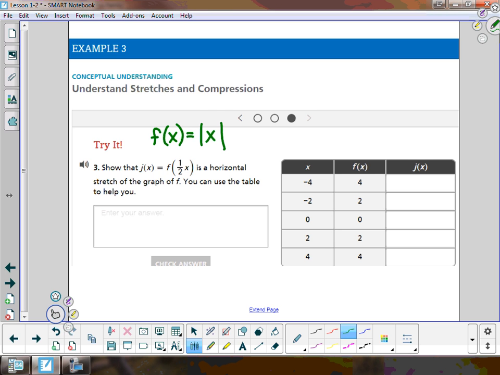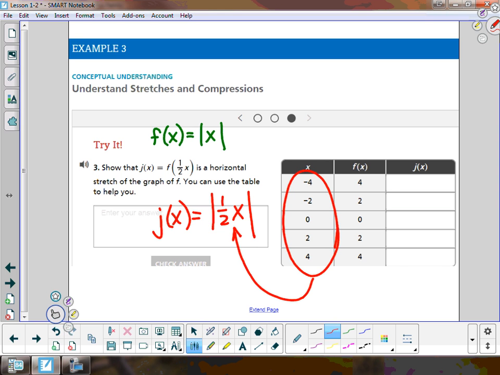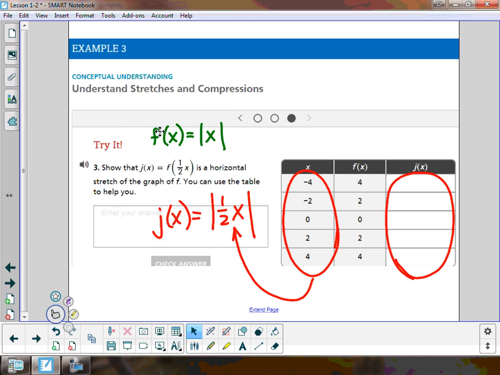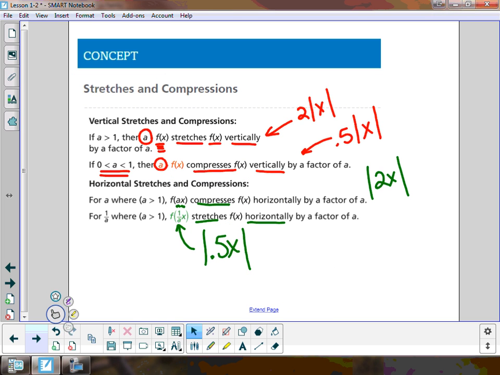They want to know what happens with j of x when you put a 1/2 in there. All right, so show me on a table of values what happens when you take these x values, plug them in here to get these y values. That's it. See you tomorrow.